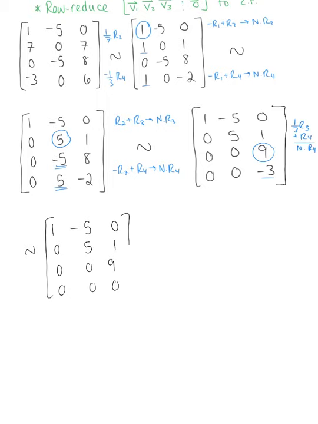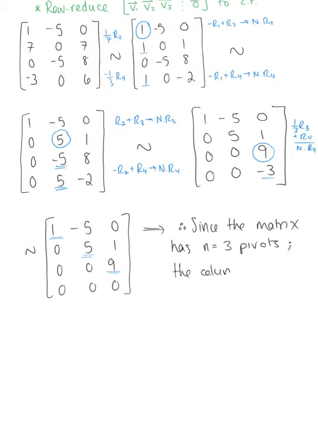And so we have attained our echelon form here. And we can see that we have a pivot position in each column. So this allows us to conclude that, since the matrix has n equals 3 pivots, or a pivot in each column, the columns of the matrix are linearly independent.